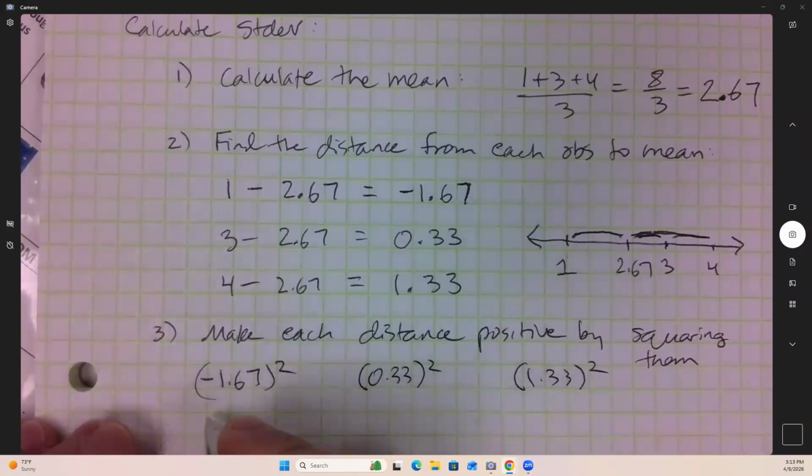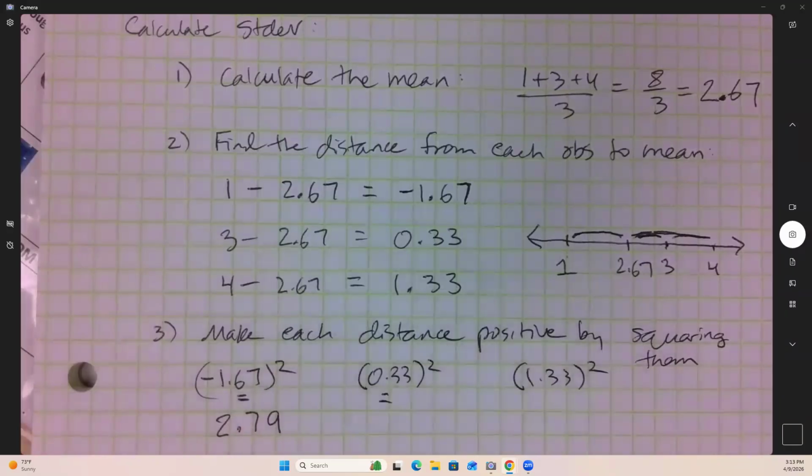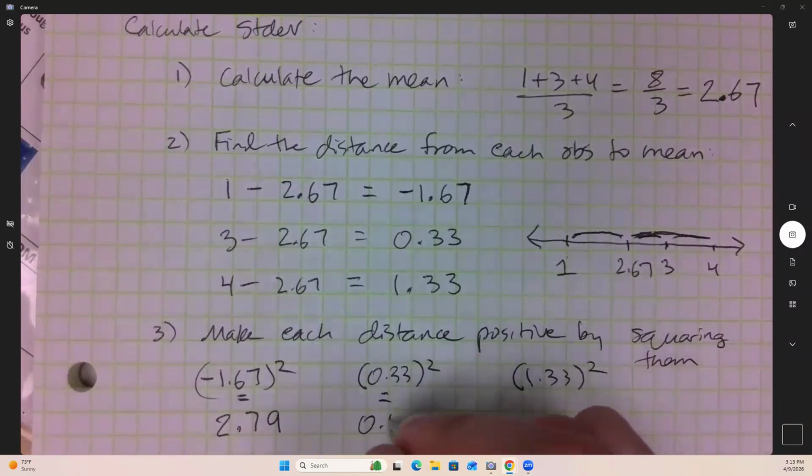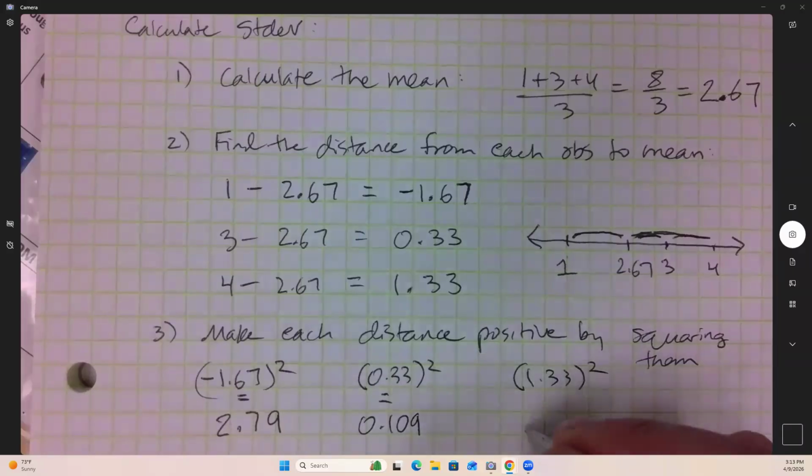So I get 2.79, and I get 0.109. Probably could have done 0.011. And 1.77.